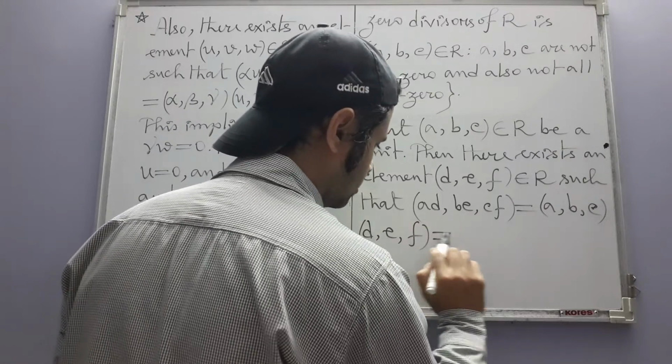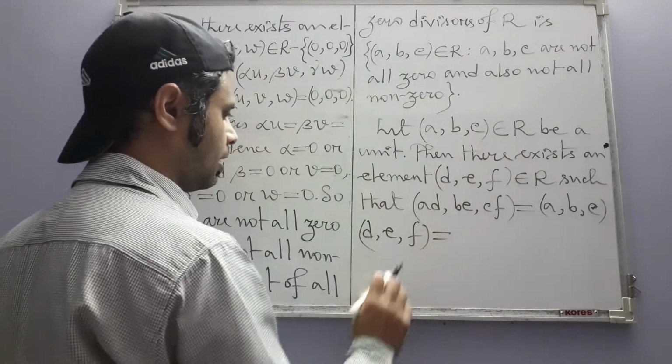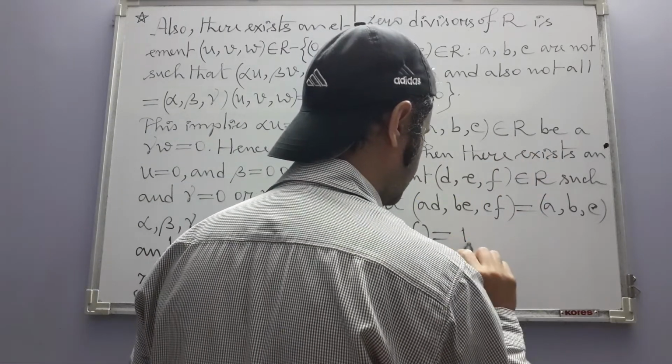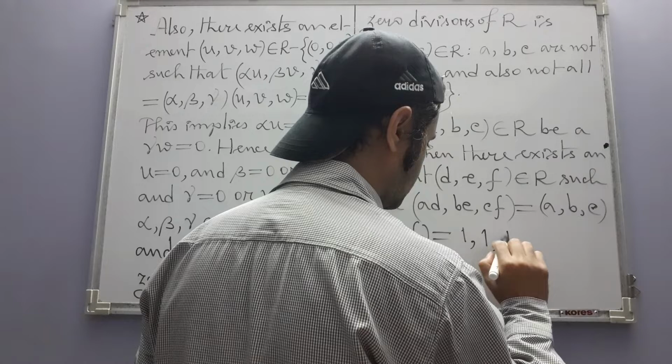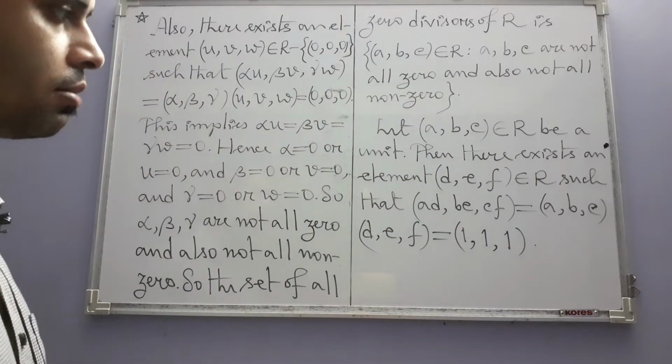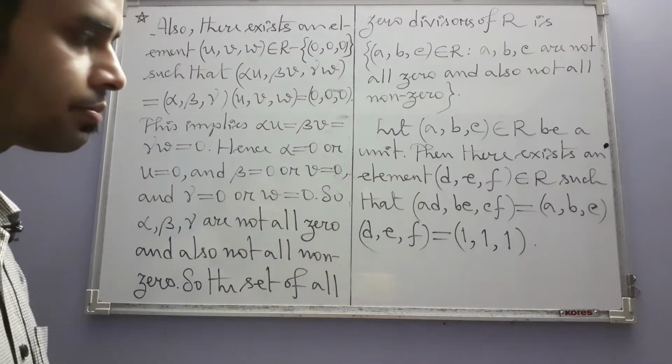Is equal to the unity in R, the unit element, and R has a unit element which is just this triple all of whose components equal the integer 1.